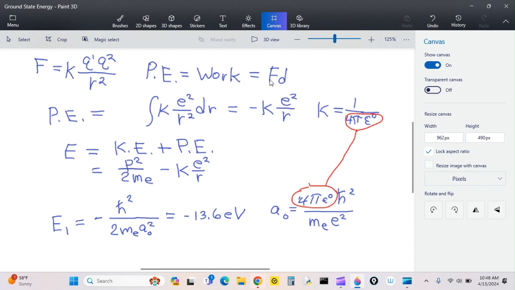But that's not in a form we can deal with. Here's another form we can deal with. Notice this k up here, some kind of constant that turns this into newtons.